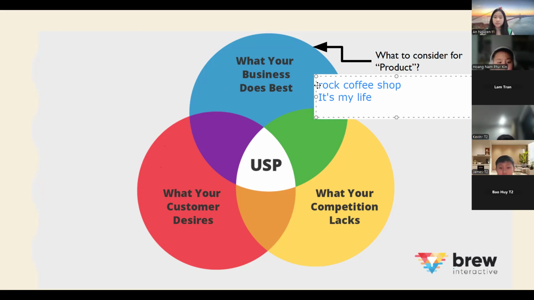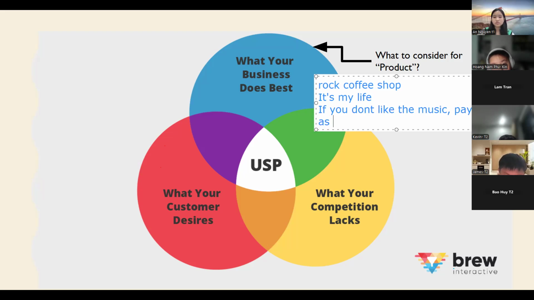It comes with a warranty and variety. So my warranty is, if you don't like the music, pay as you want. It means if they don't like the music I play in the shop, they pay as much as they want.